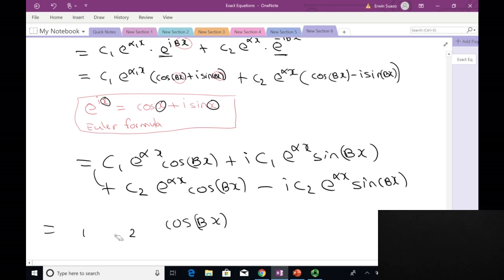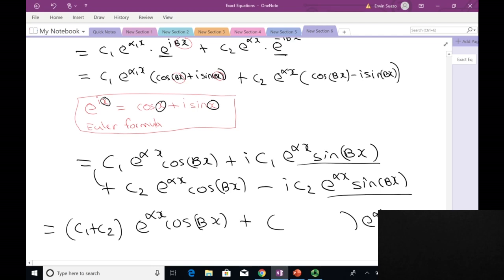So I factor e to the alpha x, so I get c1 plus c2, right? And now I factor the other one. In the other one, let's factor e to the alpha x sine beta x, right? So if I factor that, what do I get? I get i c1 minus i c2.